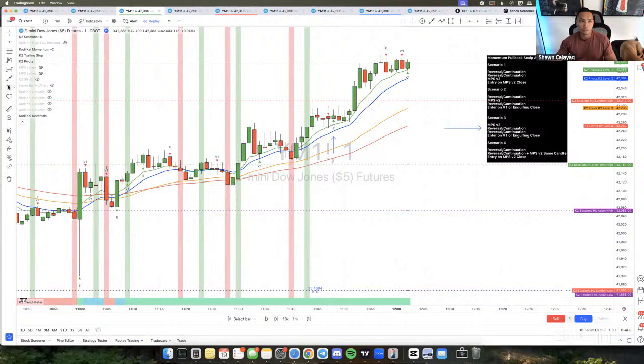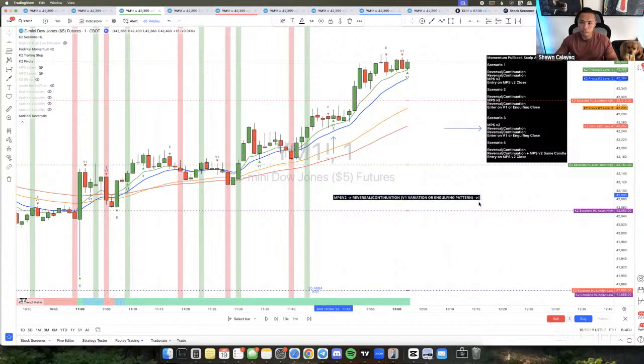You're looking for MPSv2, then a reversal continuation, which is going to be a V1 variation or engulfing pattern. And then you're looking for another one after, another reversal engulfing pattern.